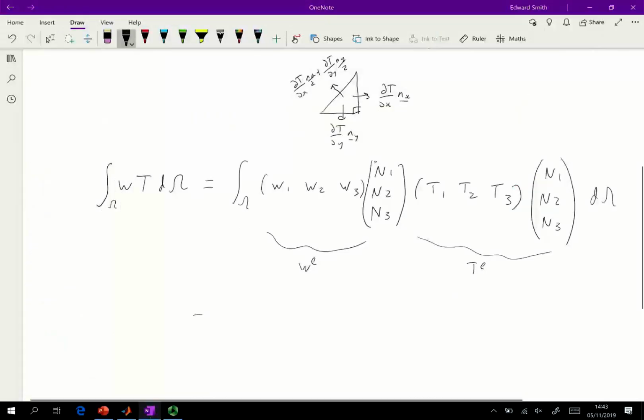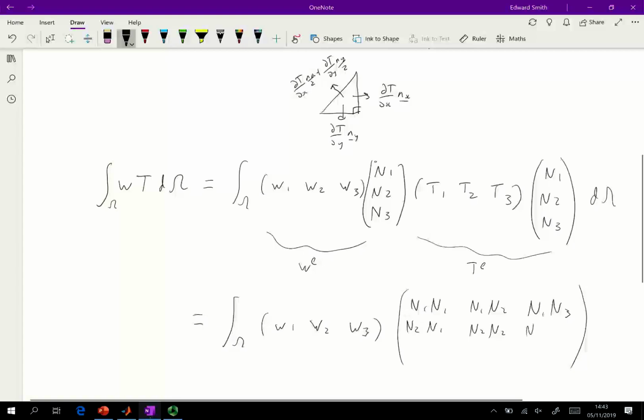So we collect together n1 n1, n1 n2, n1 n3, n2 n1, n2 n2, n2 n3, n3 n1, n3 n2, n3 n3.